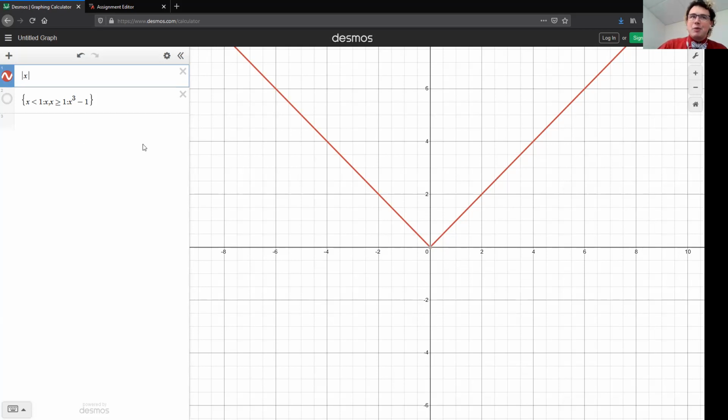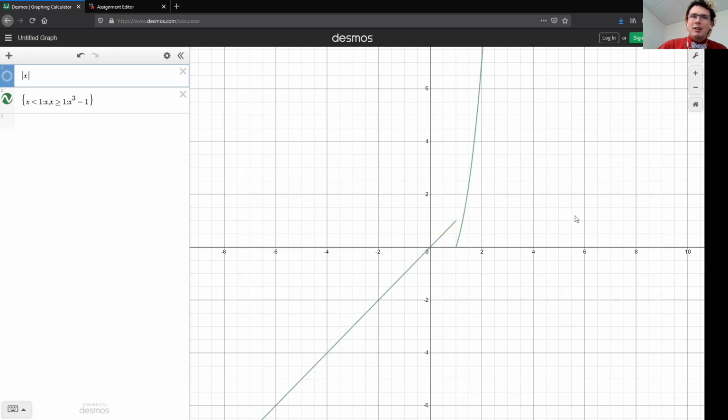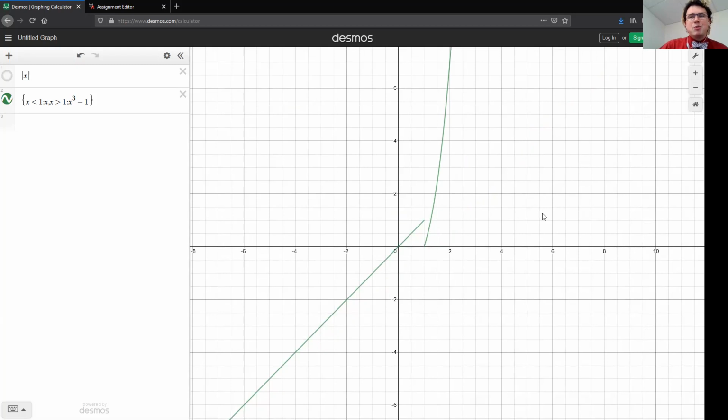Let's take a look at another piecewise function. In green here, I've graphed a piecewise function, and it splits at x equals 1. To the left of x equals 1, the formula is y equals x. To the right of x equals 1, the formula is x cubed minus 1.